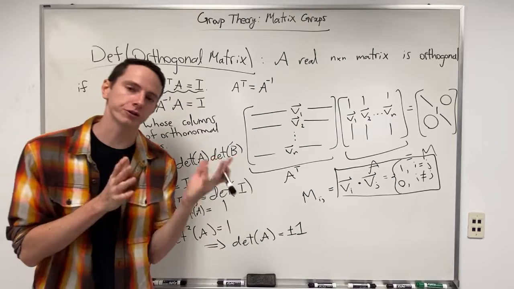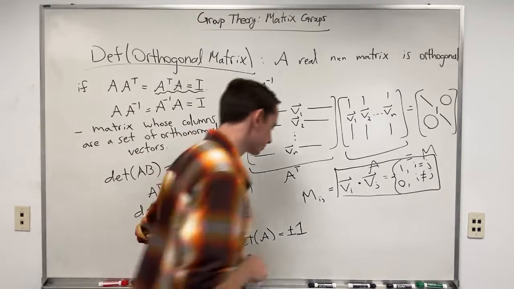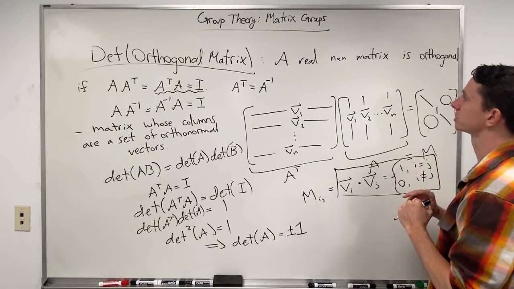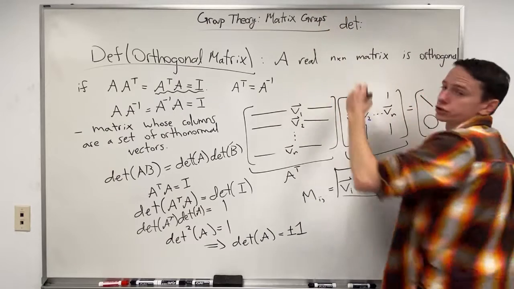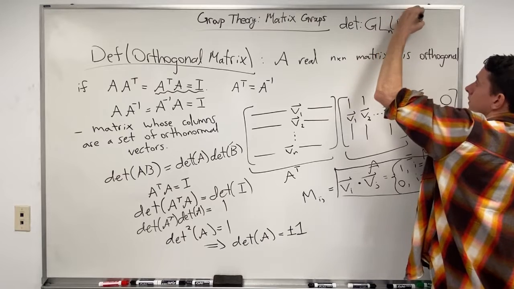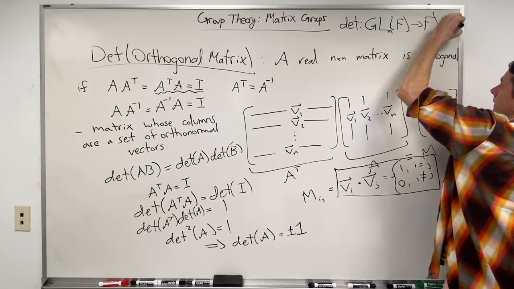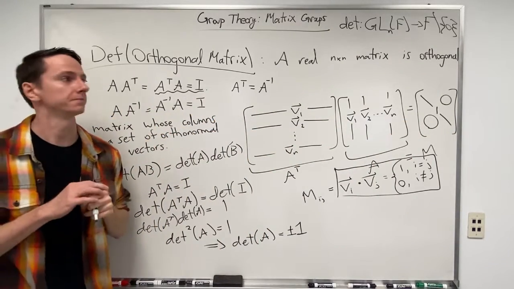And that's a lot different than in the general linear group case, right? If you remember, we went through a claim in the general linear group case where we said that we could define the determinant on GLn of F to the field excluding the 0 element. And we said that the determinant was a surjective group homomorphism.